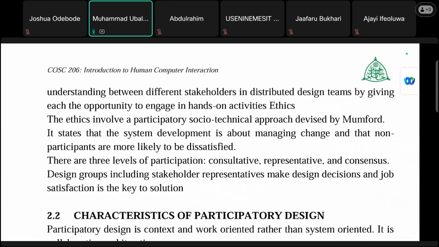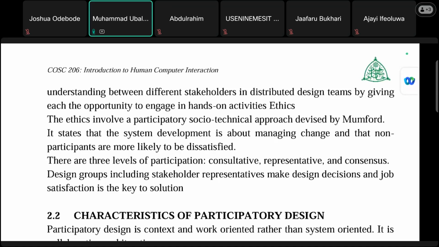So this is basically a principle devised by a personality called Mumford, who believes that system development is about managing change and that non-participants are more likely to be dissatisfied.